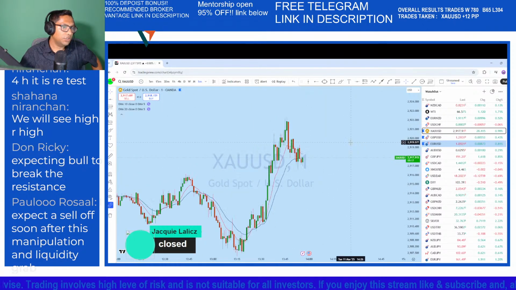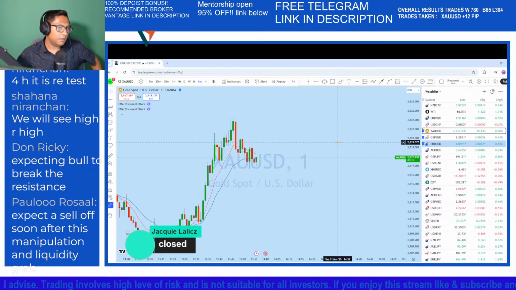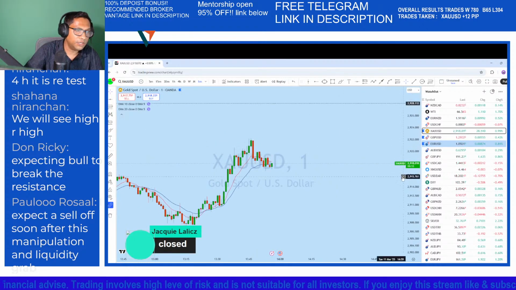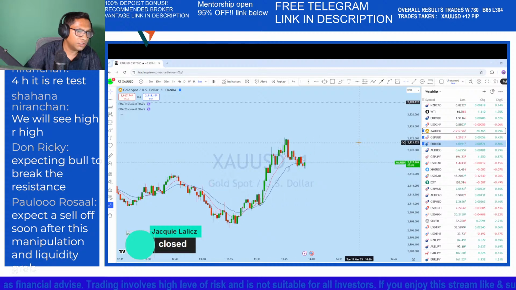So you can see a bullish candle formation here, and I want to see it trending, as we have 4 minutes to go for the data to come out.